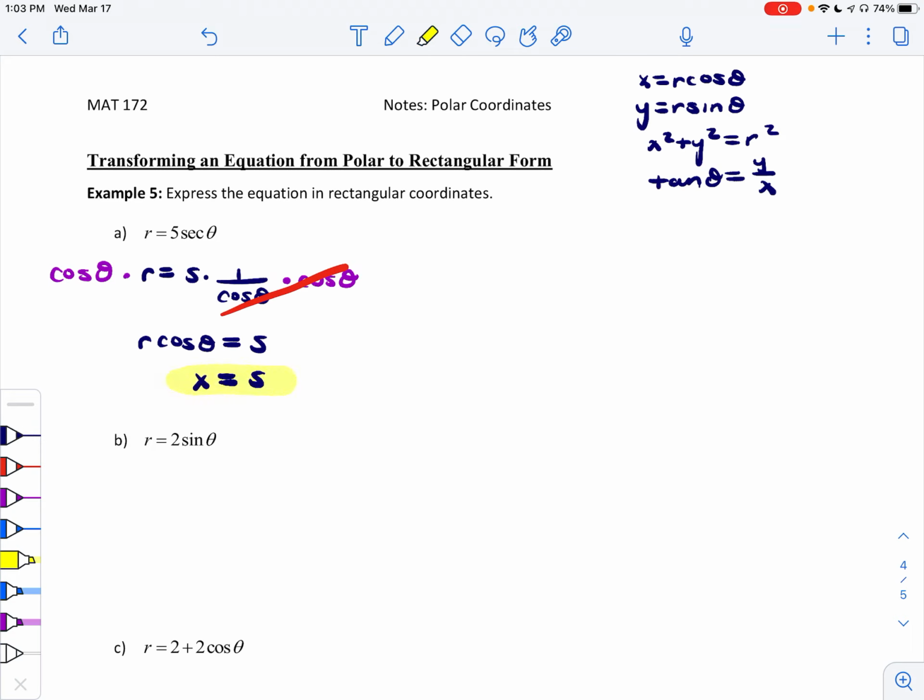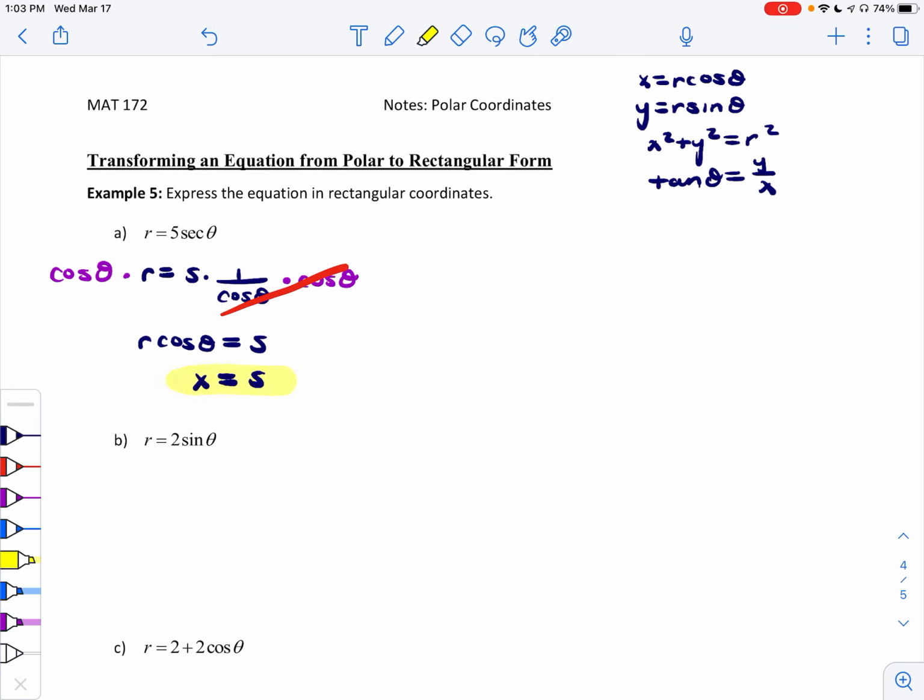Okay. Now, if you're looking at this saying, wait a second, but what about y? Okay, remember this is an equation. So you're thinking about the equation x equals 5. This is just saying that this equation is the vertical line at x equals 5. So this is the entire equation. It doesn't have to necessarily have both an x and a y in it.